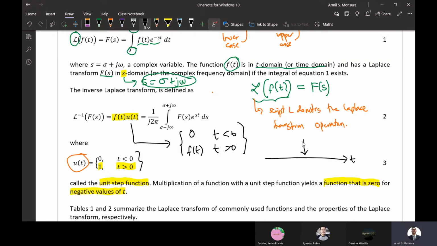Say this is the moment you switch on. We consider this point in mathematical analysis as time 0.